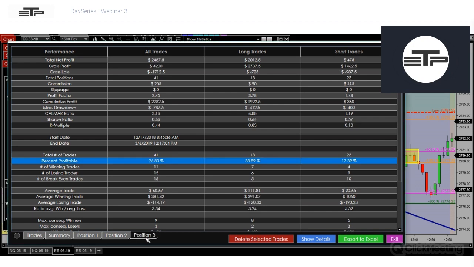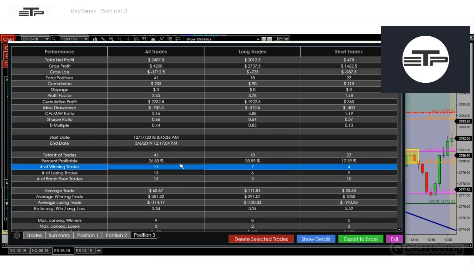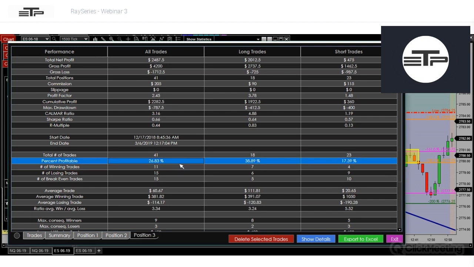Taking a look at position 3, you're only winning 26.83% of the trades. That's from total trades. Of course, about 30-something% of the trades, you're actually getting stopped out at break even. But how much can you stomach being stopped out at break even or losing before you actually crack? You know what I mean?